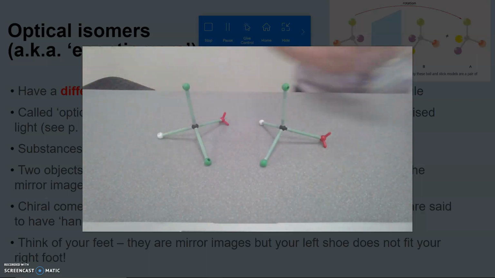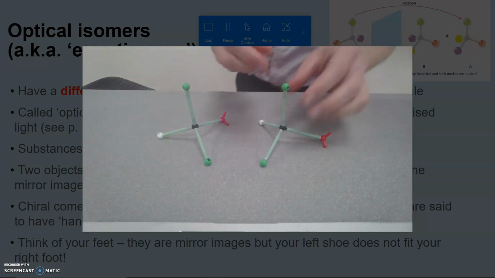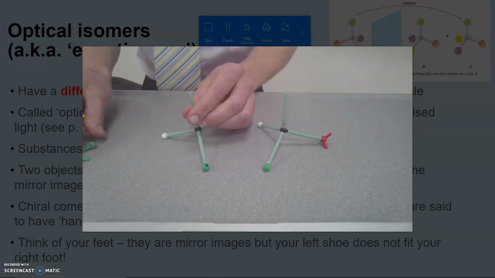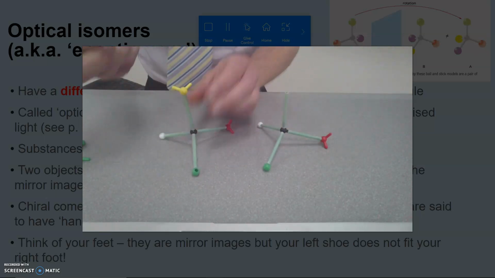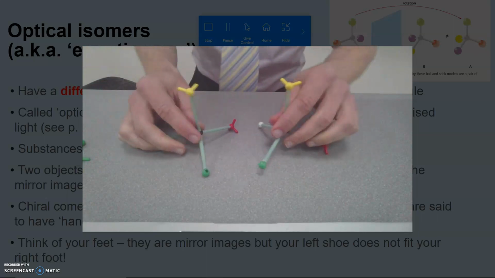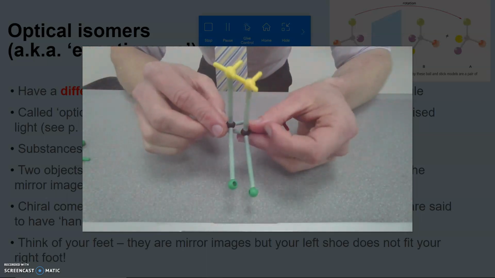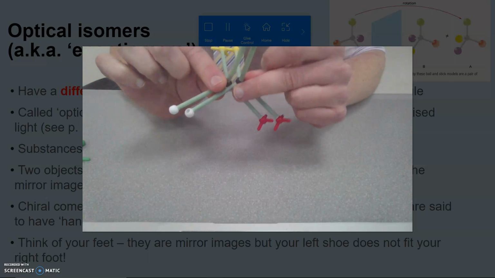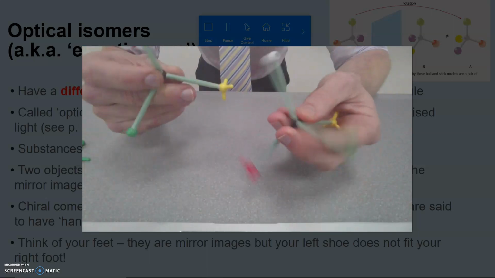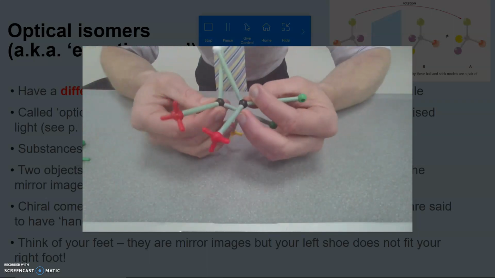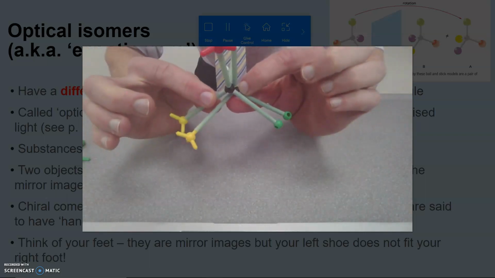If I go back to the yellow, there is no way in which I can rotate this such that the molecules become superimposable. I can align the green and the yellow, but the red and the white won't be. If I try to align the yellow and the red, then these are the exact same molecule.